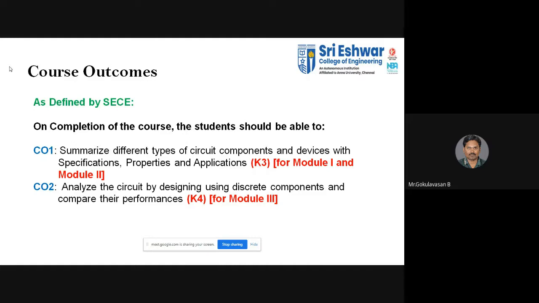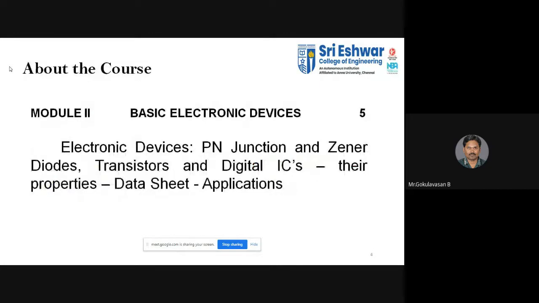Summarization in this sense is actually apply level, K3 level of Bloom's taxonomy. That is the actual course outcome.